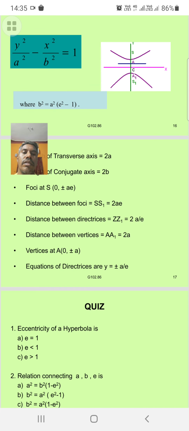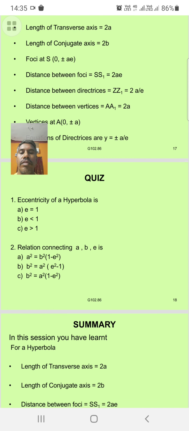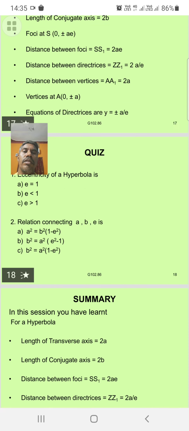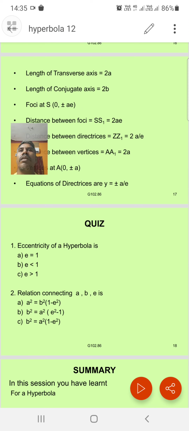If you understand the example problems, you can easily do the exercise problems, because many exercise problems are similar to example problems. You have to read the question and understand what is being asked and what is given.